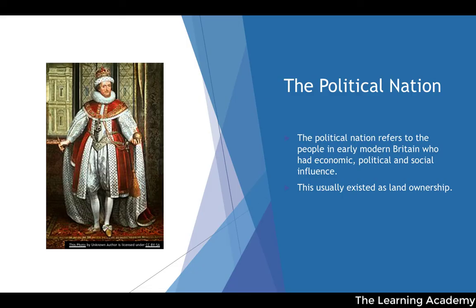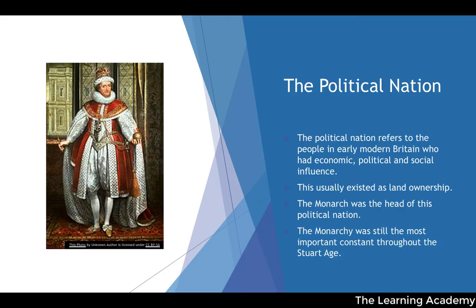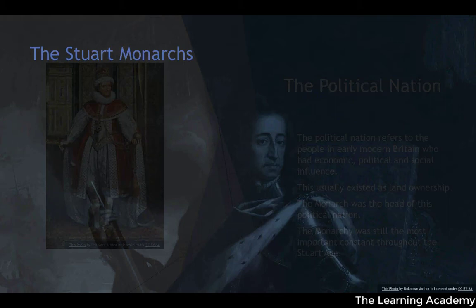People who were landowners had the ability to influence policy and politics, and had economic standing. In this political nation, the monarch was seen as the head, the top of this political nation, and the monarchy was still the most important constant throughout the Stuart era.